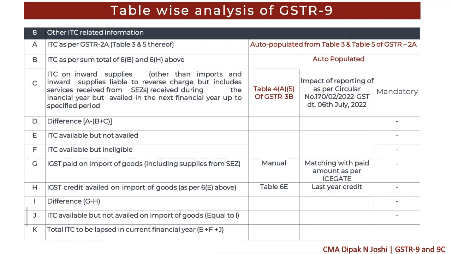And table I calculates the difference between IGST paid and IGST credit taken. So there might be a difference because sometimes you pay IGST, but you are not receiving those goods in your factory or your place of business. You are availing that credit in a subsequent financial year. That is okay, right?